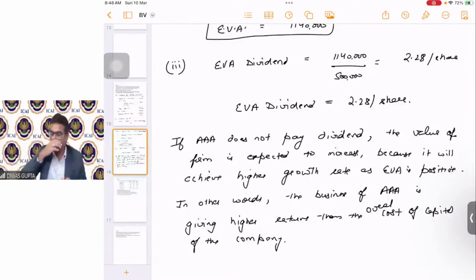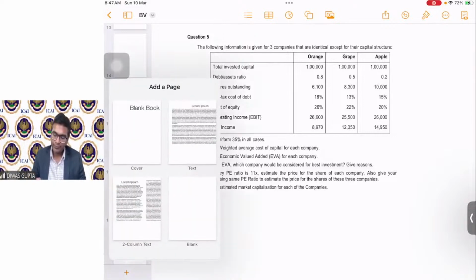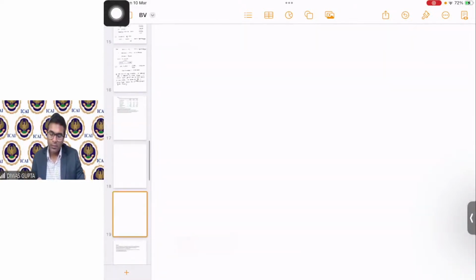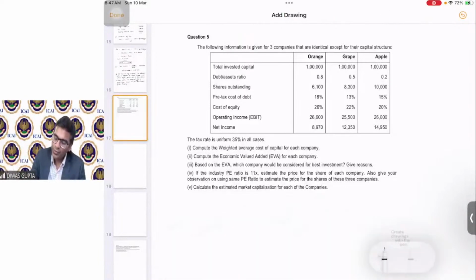Okay, let's start with question number 5. Question number 5 says, the following information is given for 3 companies that are identical except for their capital structure. So, orange, grape, and apple.